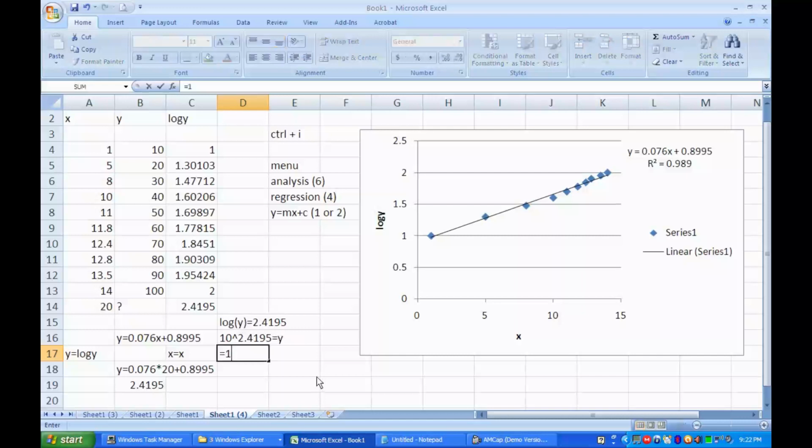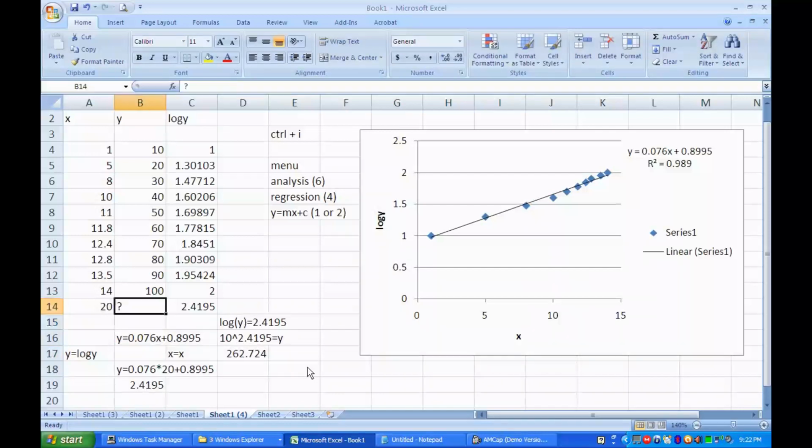So if you do 10 to the power of 2.4195, I believe on your CAS it's that little funny triangle symbol, tucked away on the left side of your keypad. I think it's a pretty big button. You can find it better than me. So you would put this into your calculator.